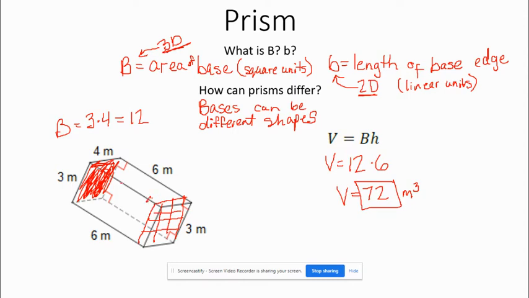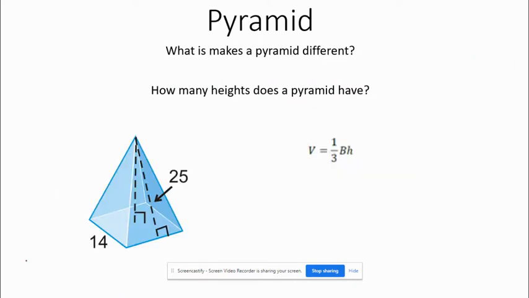So we could have 1, 2, 3, 4, 5, 6. I know that's terrible drawing, but you get the idea. We can stack up 6 layers of cubes that have 3 by 4 cubes in the layer, so a total of 12 cubes in each layer. That's where this formula is coming from. There are much better visual videos out there on YouTube where you can see that a little better.